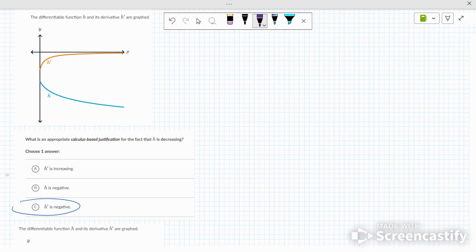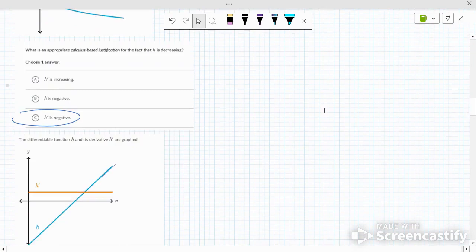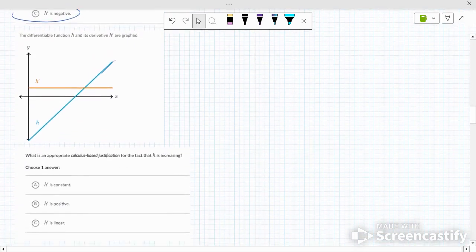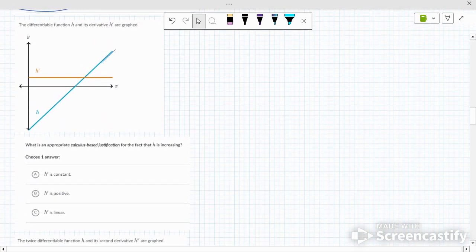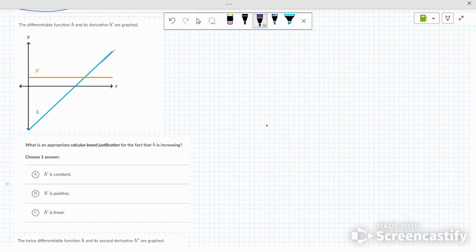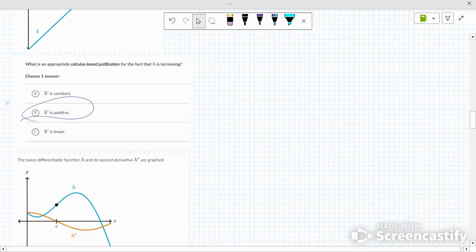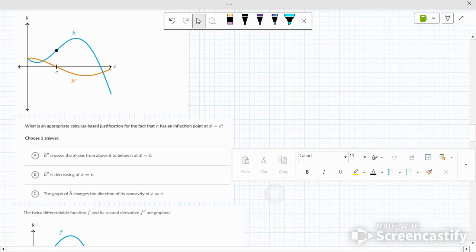Because the first derivative is negative, and so on, okay? What's the reason that h is increasing? Because the first derivative is positive, okay? So you'll have questions like that.